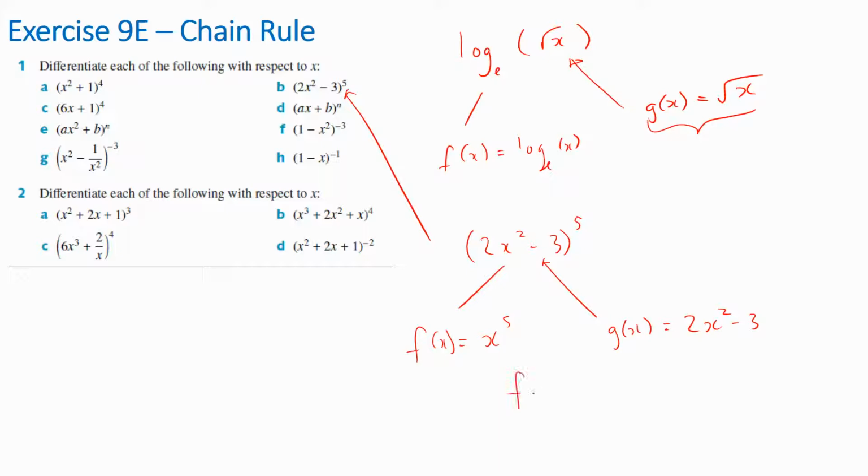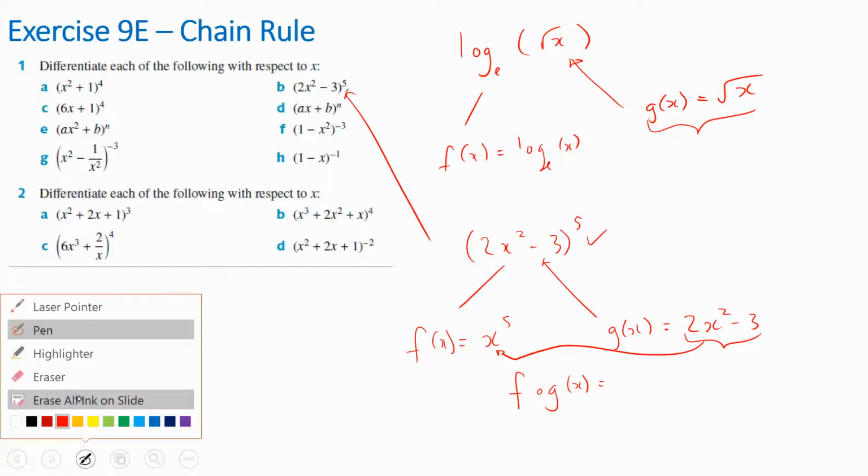Because if you wrote f of g, you would say sub 2x squared minus 3 into x to the power 5, which actually gives you that. How about that? So a composite function, a function within a function, is a chain rule problem.